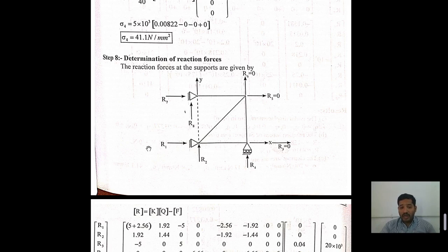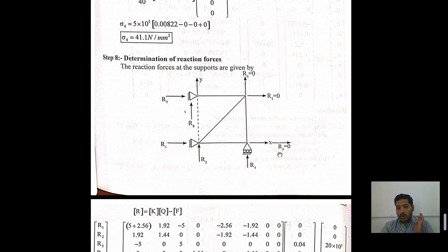The normal reaction R1 is acting at this point in the horizontal direction, as well as the normal reaction R2 acting in the vertical direction. Clear? If a roller support is there, only vertical force is acting. Only the vertical normal reaction is acting in an upward direction. Here some amount of horizontal force is acting toward the right side, for that reason the normal reaction R3 is acting.